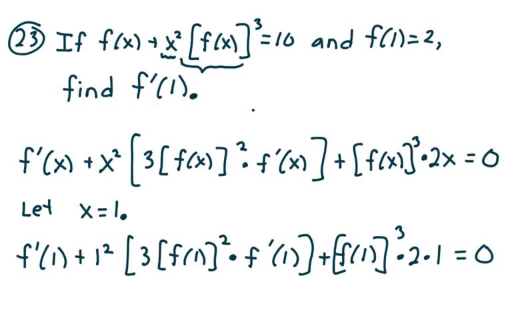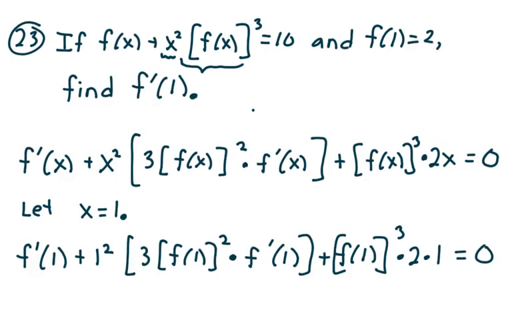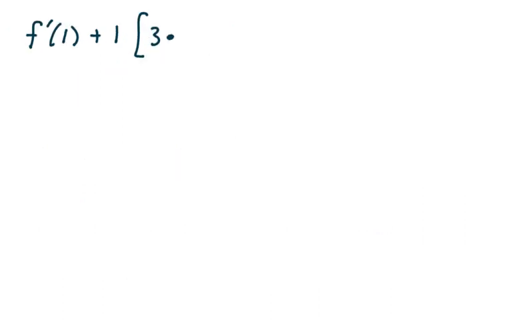So I get f prime of 1 plus 1 times the quantity, and then I get 3 times f of 1, which is 2, squared, times f prime of 1.